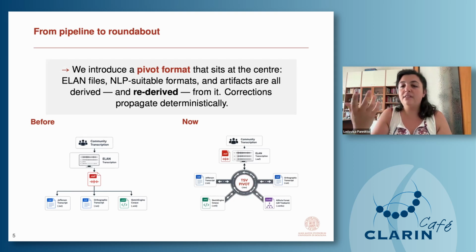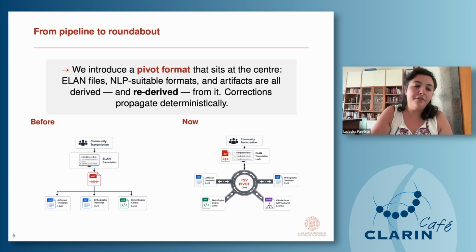So we introduced this format, which now sits at the center of the architecture and is really the core of the new maintenance practices. And all the derived artifacts can now be derived from the pivot format, and edits that happen in downstream formats can be propagated deterministically to the pivot.